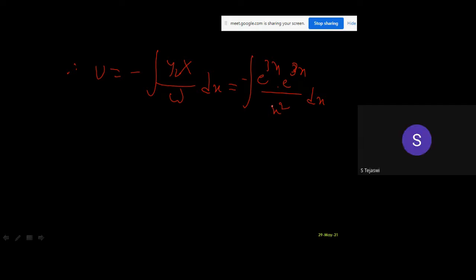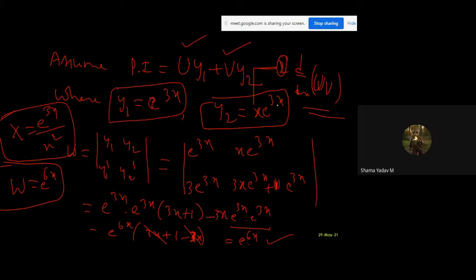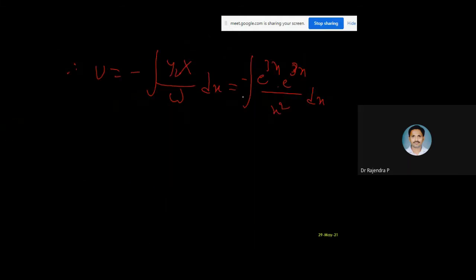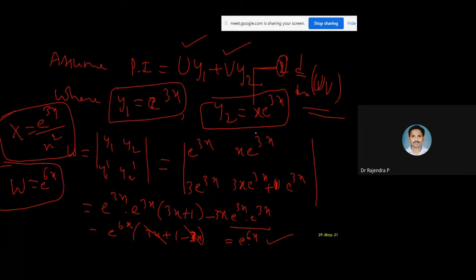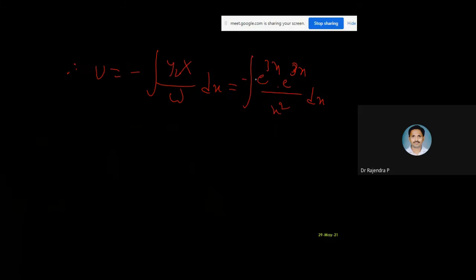Actually, x will get cancelled. Sir, y2 is x e power 3x. Okay, okay, y2 is x e power 3x, I took it differently. Good.